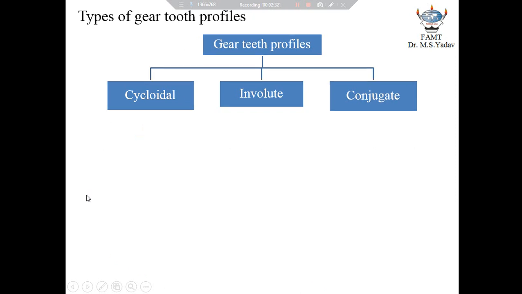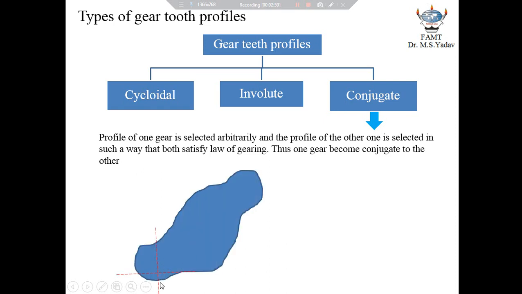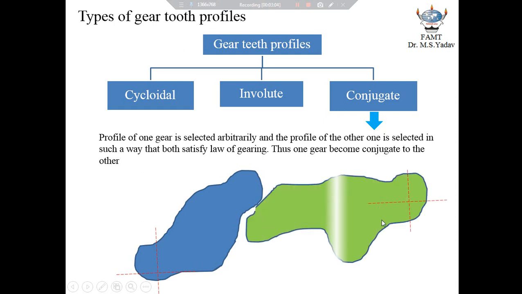Let's move on to the other type, that is conjugate tooth profile. In a conjugate tooth profile, the profile of one gear is selected arbitrarily and the profile of the other gear is selected in such a way that both satisfy the law of gearing. Consider one gear and its tooth like this, turning about this point, and the other one about this point.